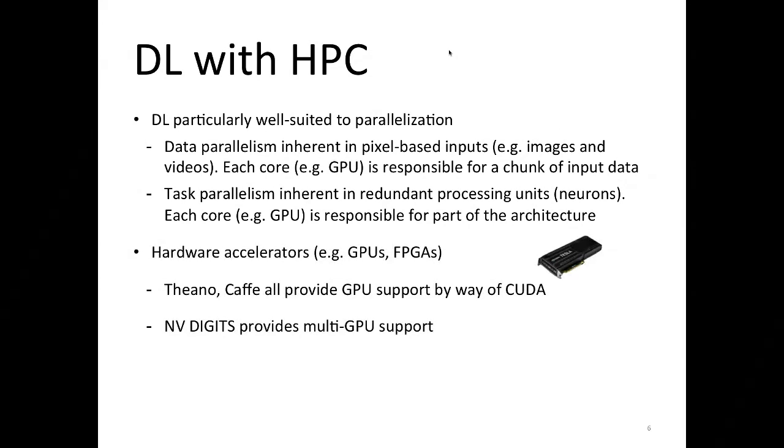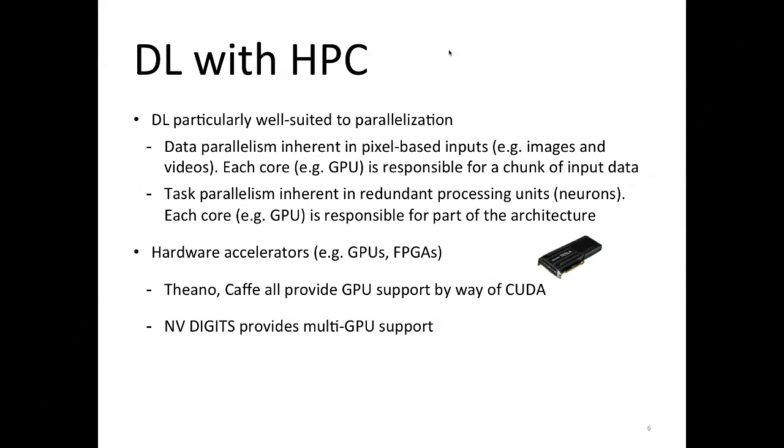And thanks to the development of accelerators like GPUs and FPGAs, Theano, Caffe, and some other tools all provide GPU support by way of CUDA. You can also find some other libraries that support OpenCL or have some support for FPGA.